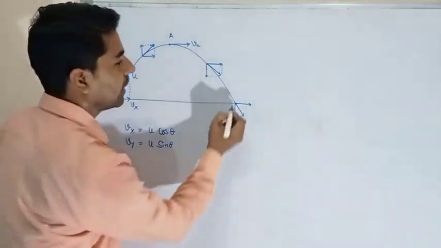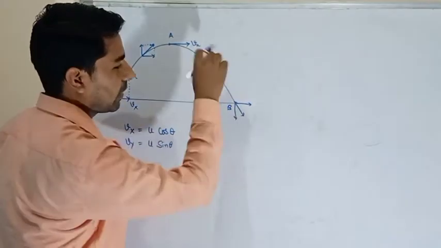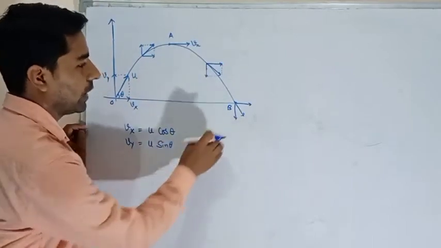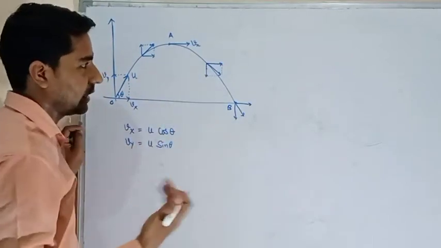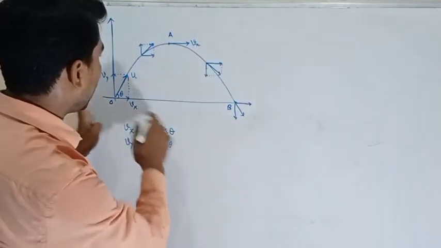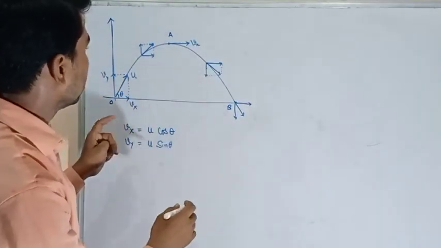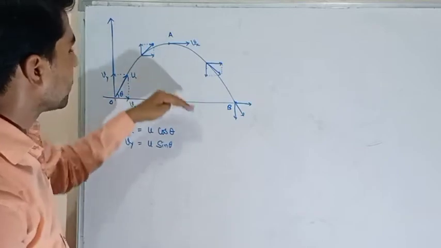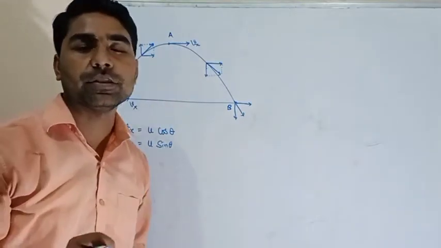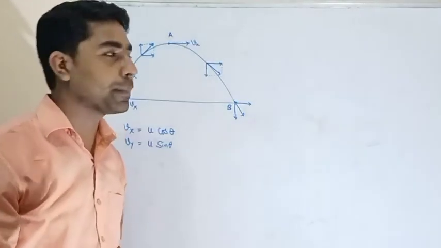But I am considering that here is the surface of Earth, and here after striking the object comes to rest. So we are going to calculate what the time taken is, as the projectile moves through this path, and we are considering that the acceleration due to gravity is constant everywhere.